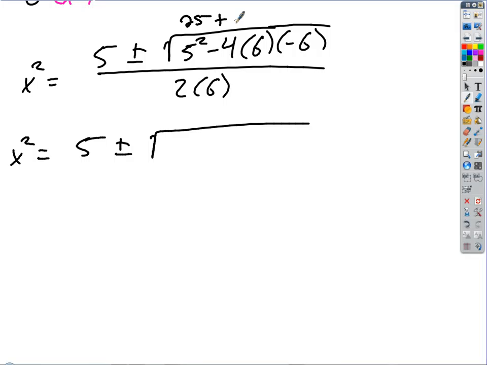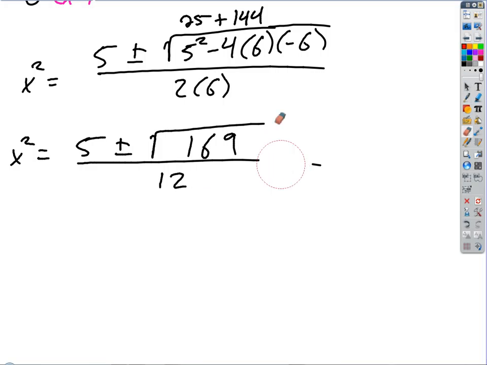And then 36 times 4 would be 144, so I'm going to get a total of 169, all divided by 2 times 6 is 12. And so that equals 5 plus or minus the square root of 169, which is just 13, isn't it?